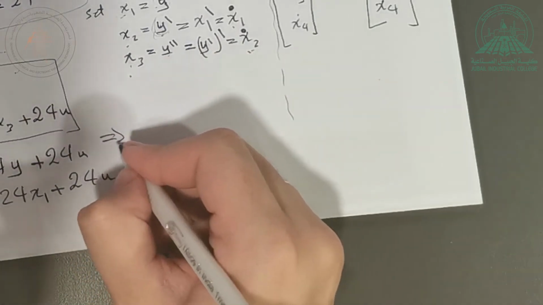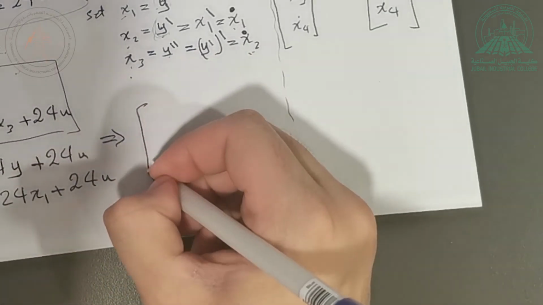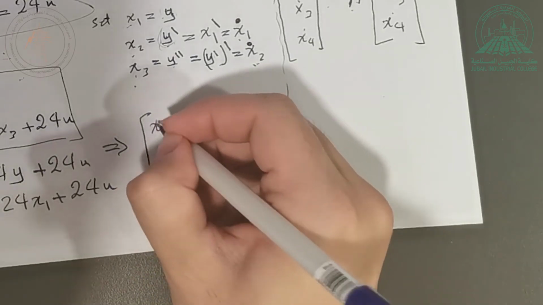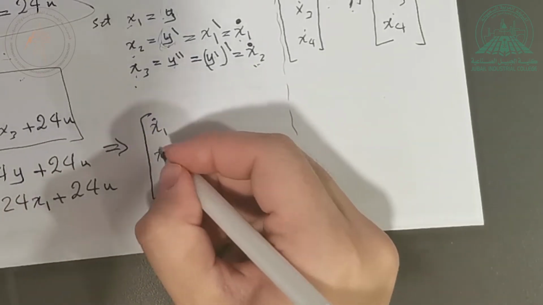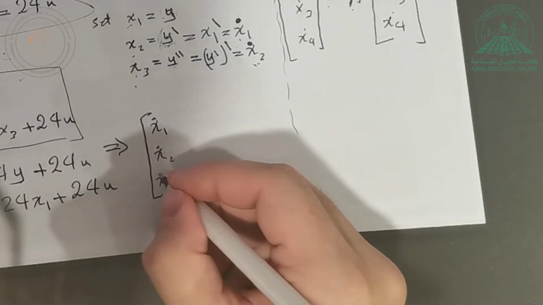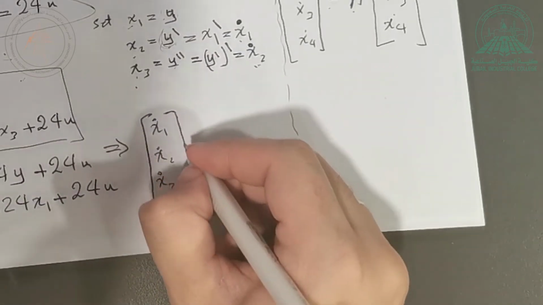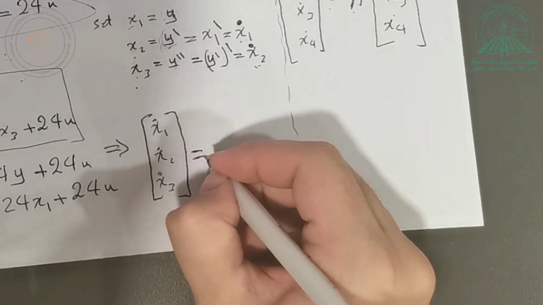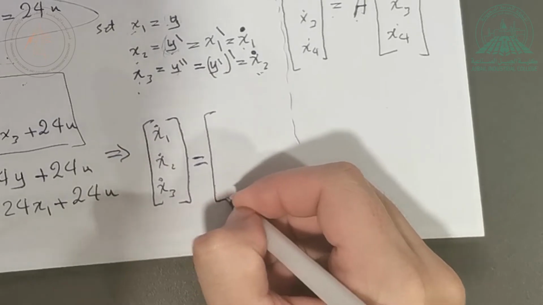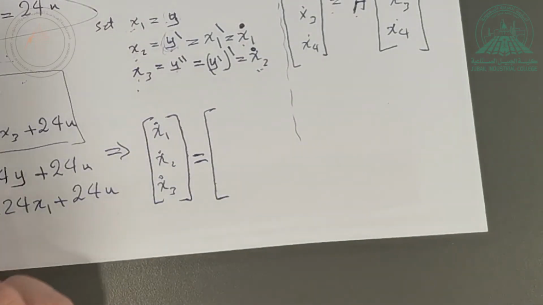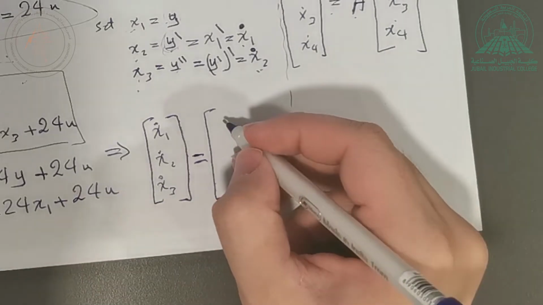This means that x1 dot, x2 dot, x3 dot equals to what? Now be careful here, look here. x1 dot equals x2. So how do I write that?